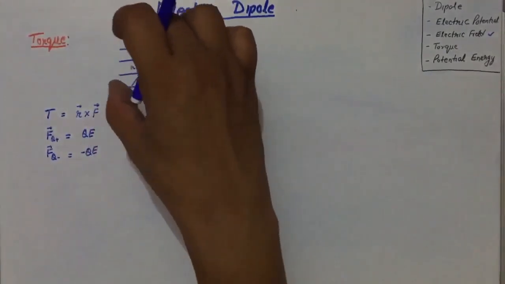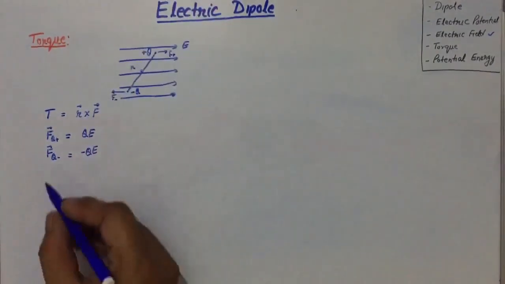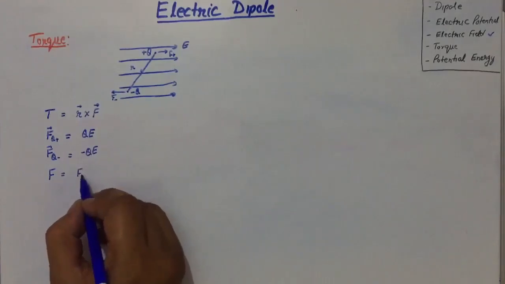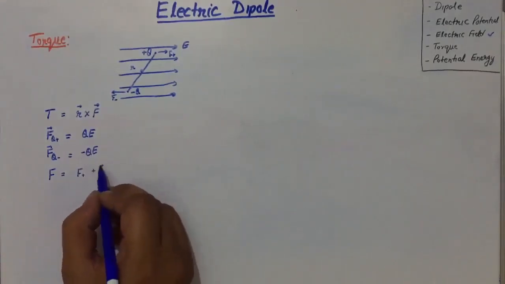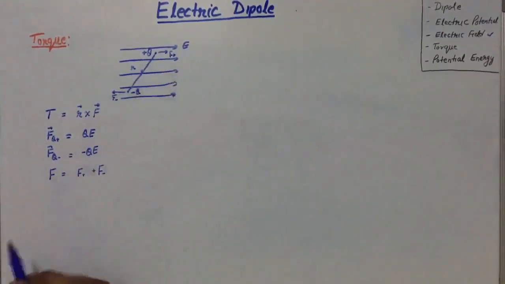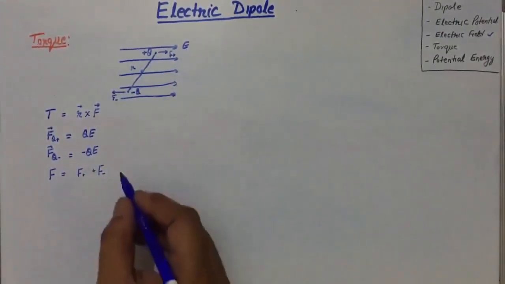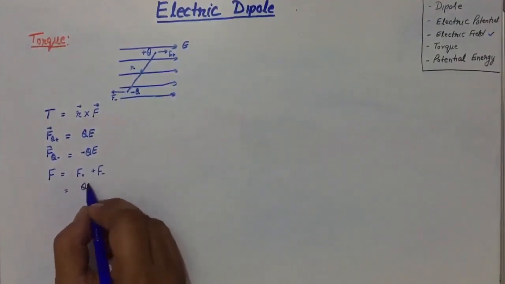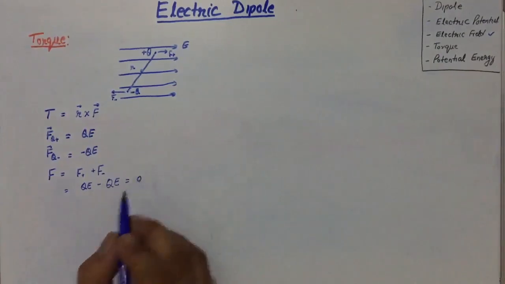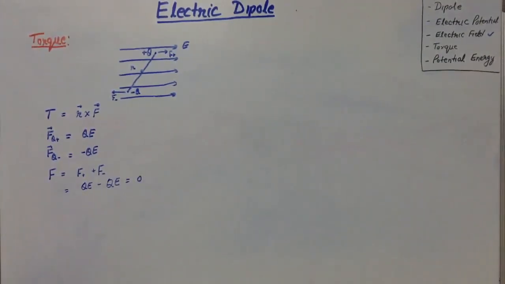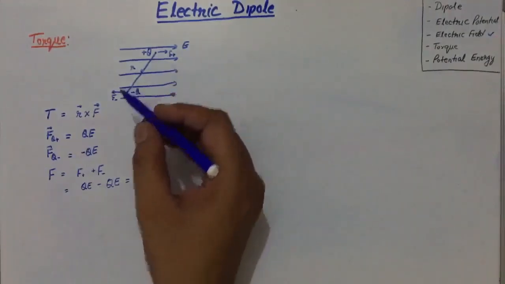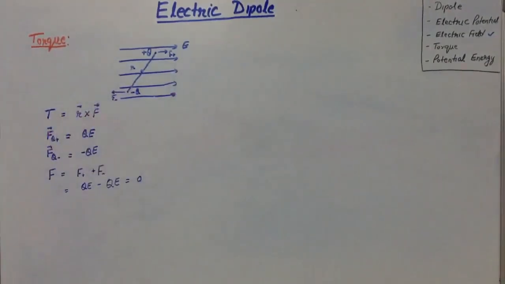If we consider this as a system, then the net force equals the force on the positive plus the force on the negative, because there are only two forces acting on this system due to the electric field, QE and minus QE. Adding these two gives 0. So the net force on this dipole will be equal to 0.